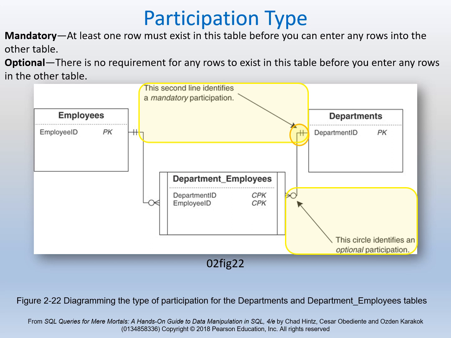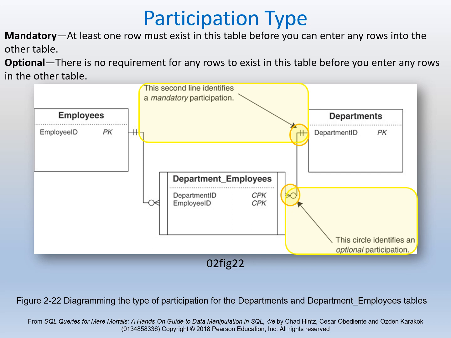We cannot have department employees if there's no department. Therefore, the tick mark is on the relationship line next to departments. A department must exist if you're going to assign employees to the department. So keep in mind this first tick mark means one record, a one-to-one relationship or a one-to-many relationship.